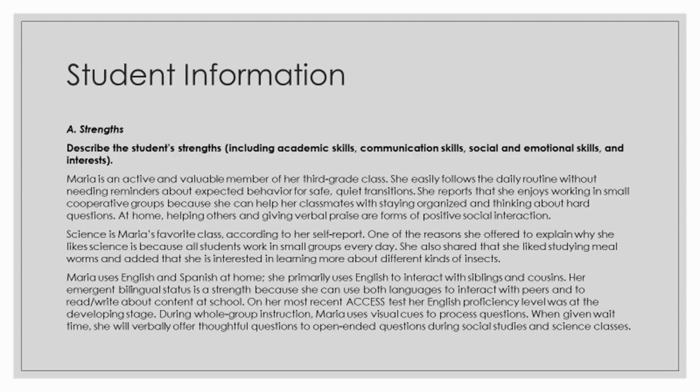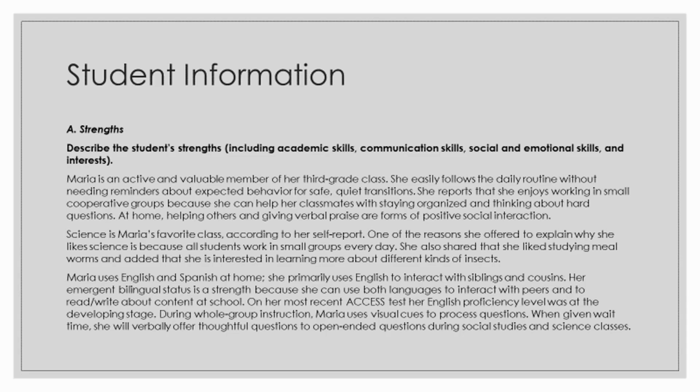Information about the student, including strengths, effects of the disability, special factors, present levels of academic achievement and functional performance, and any concerns must be considered when identifying the student's disability-related needs and developing goals and services to address those needs.